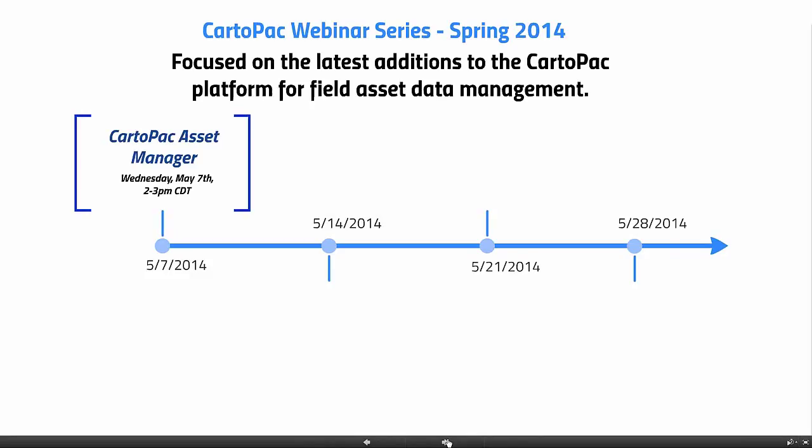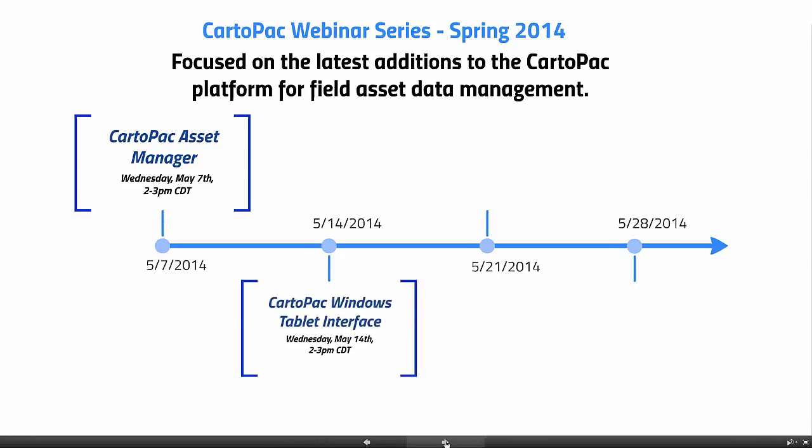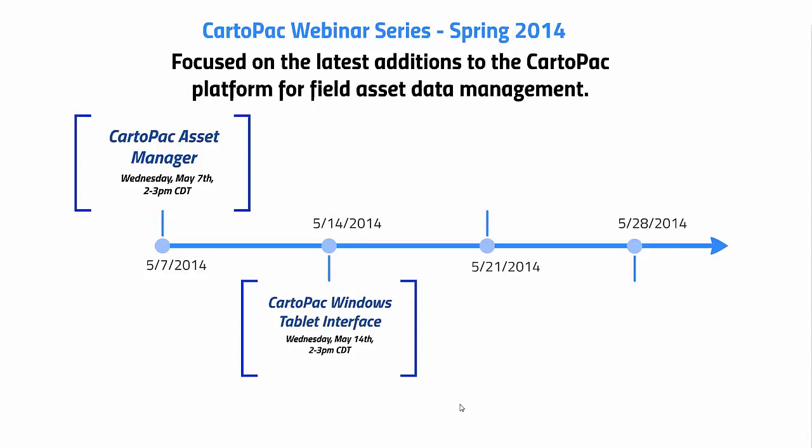Back on May 7th, we introduced our new product, CartoPac Asset Manager, which is a platform that Jake and Justin will be touching on today a little bit, but it focuses on what happens after field data is collected and gives organizations a structured process to take that data and move it between roles and make transitions with that data based on various data states so that you can automate things like we're going to see today, setting up data for pods loading, or various pieces of viewing and editing and validation of that data as it moves through the organization.